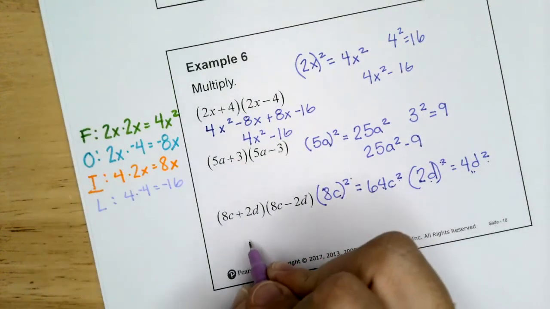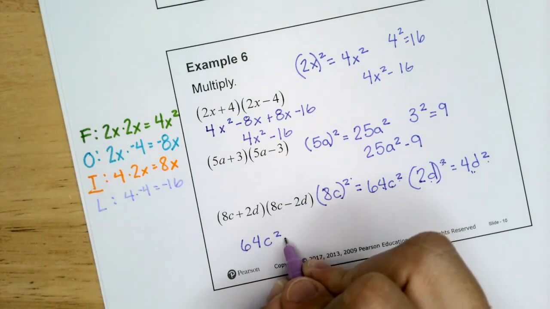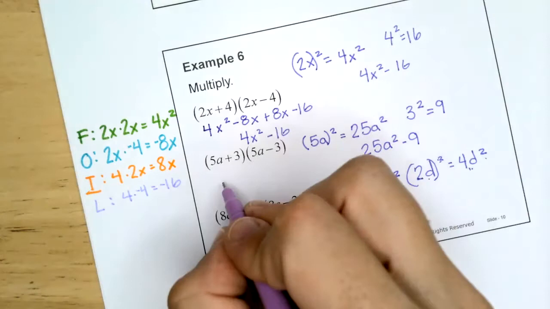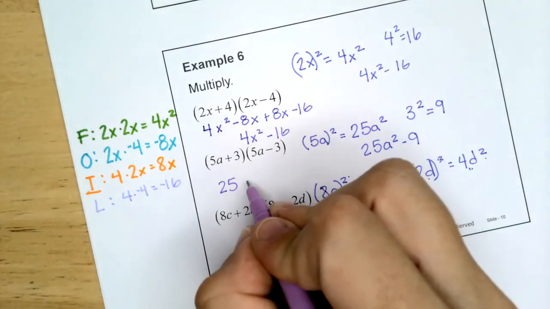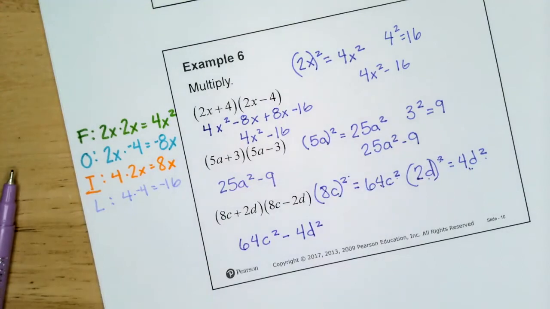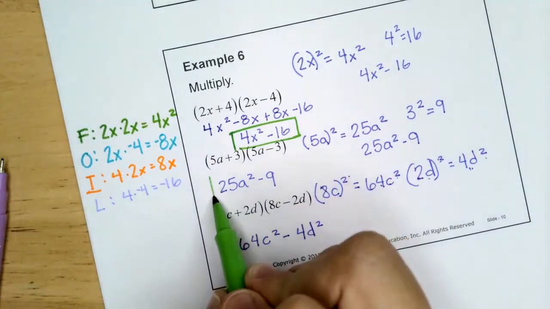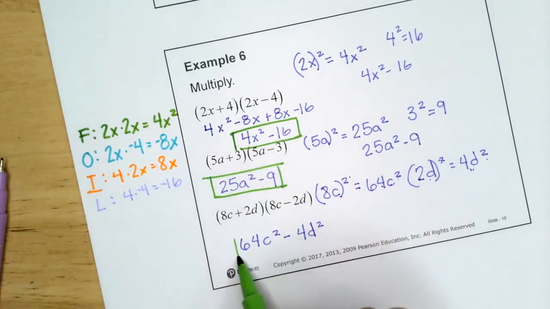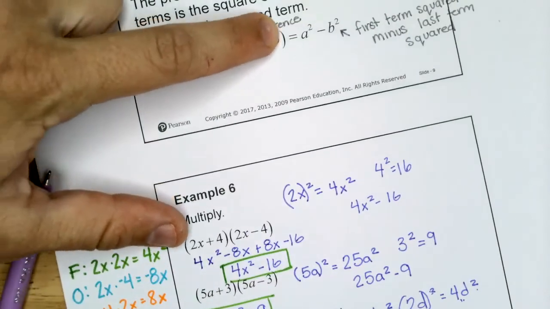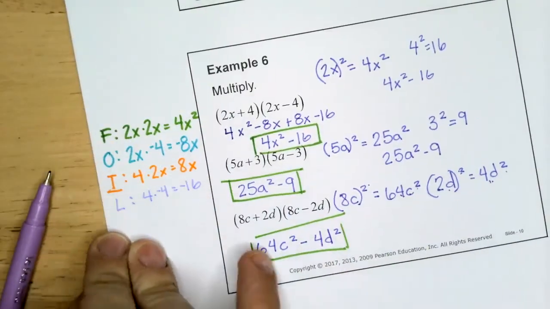So this one is 64c squared minus 4d squared. This one is 25a squared minus 9. So we're following this rule, or you can FOIL it out. Either way, you'll get the same answers.